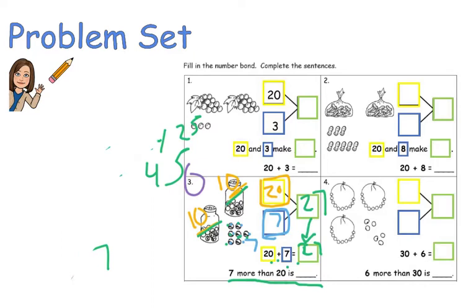So 7 more than 20 is 27. Just like our equation we filled out right here is saying.